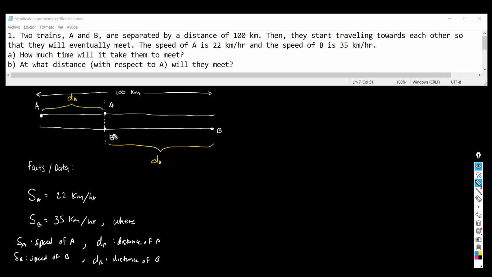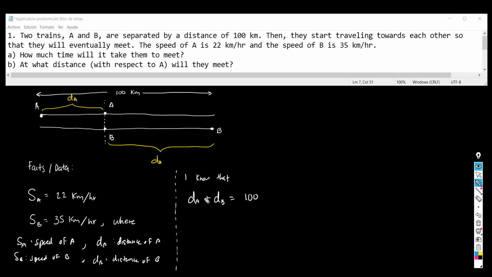So that's an equation that I can write right away. I know that the distance traveled by A plus the distance traveled by B has to be equal to 100. Remember, you can always ignore the units right here, and I think that's the best way to do it.